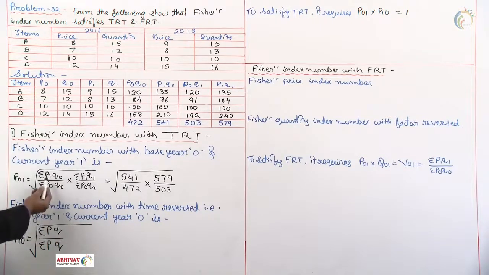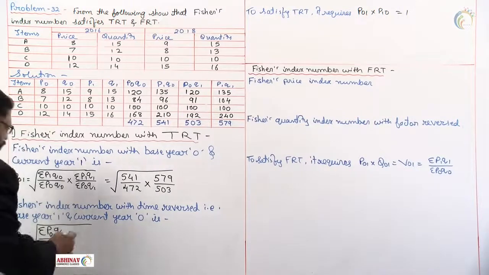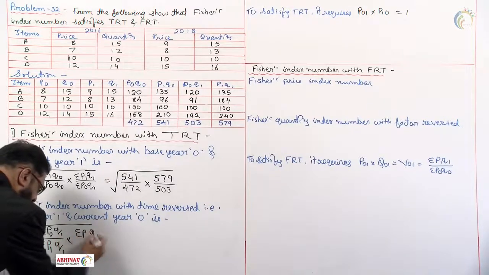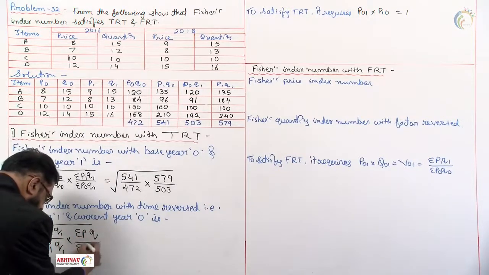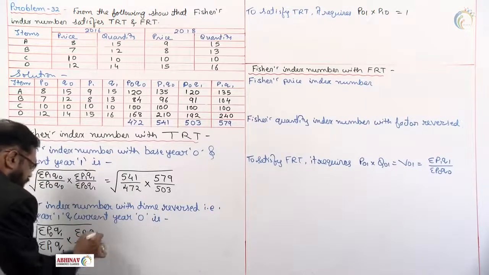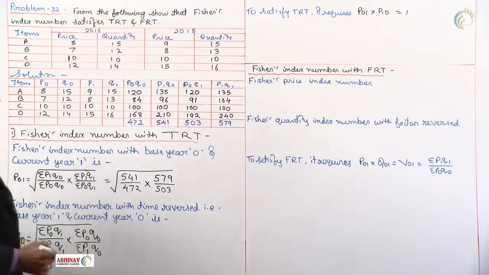Now we'll change the time. P1 Q0 becomes P0 Q1. P0 Q0 becomes P1 Q1 into, again the factors as they are. P1 Q1 will be taken as P0 Q0. P0 Q1 will be taken as P1 Q0.